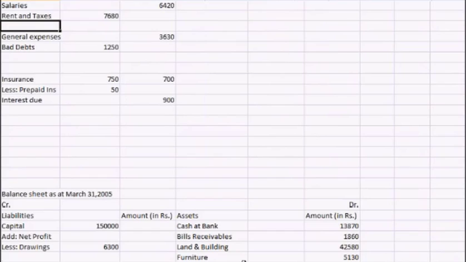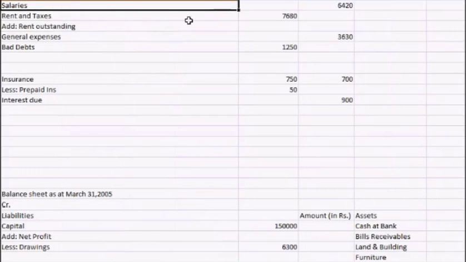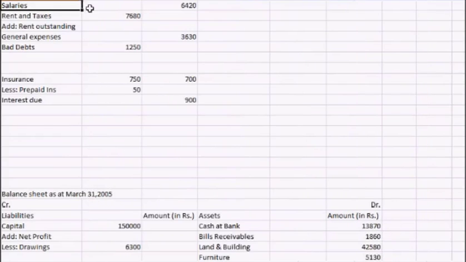We have rent outstanding, so that would be added. So add the outstanding rent, and that would be incorporated.